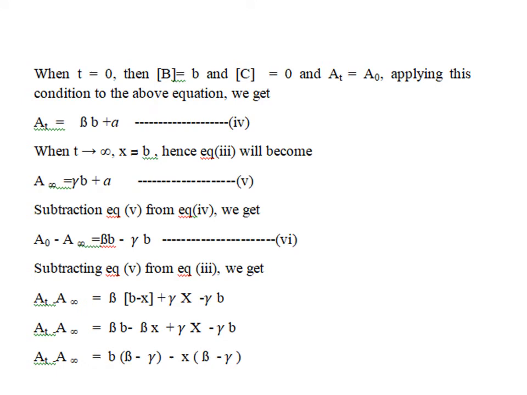Now dear students, when T is equal to 0, then the concentration of B is equal to B and the concentration of C is equal to 0.